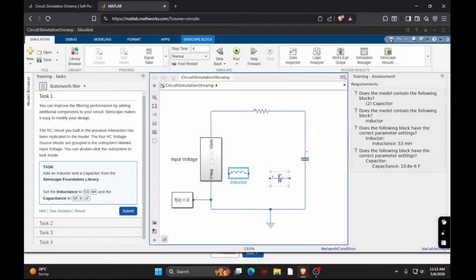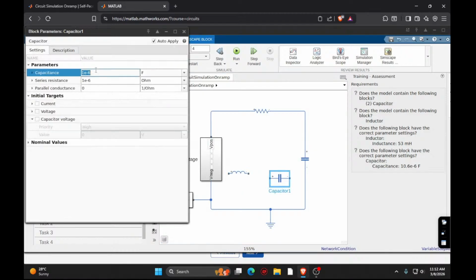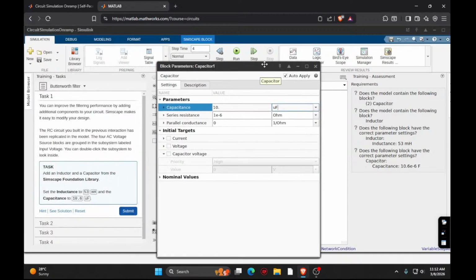So I have set the value, and now the value of capacitor will be 10.6 microfarad. Am I right? Yes.